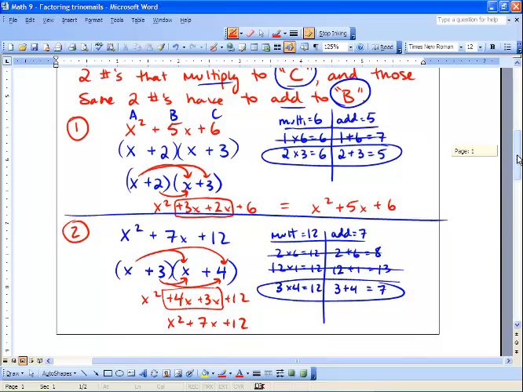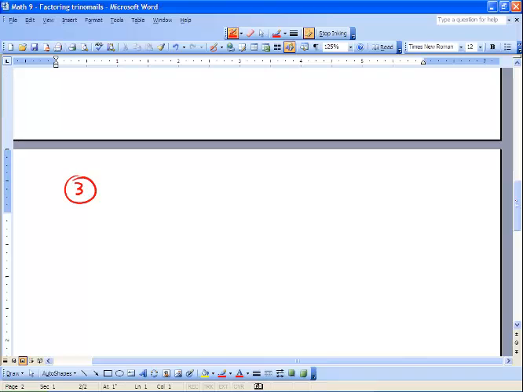We're going to do one more, number 3 here. And we have x squared plus 4x minus 5. Uh-oh, we've got a negative in there. So we've got to multiply to negative 5 and add to 4.